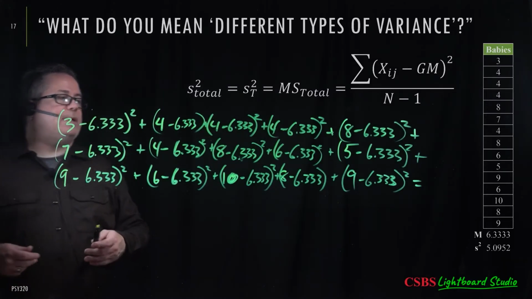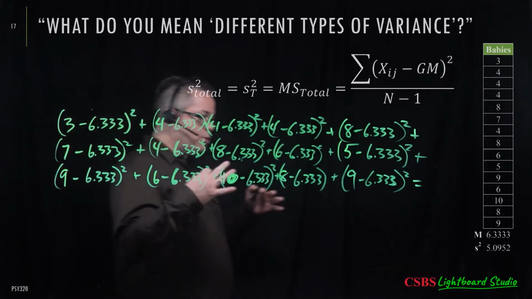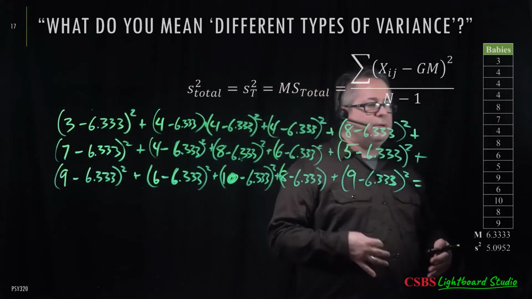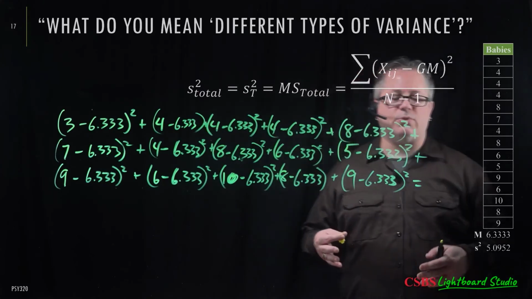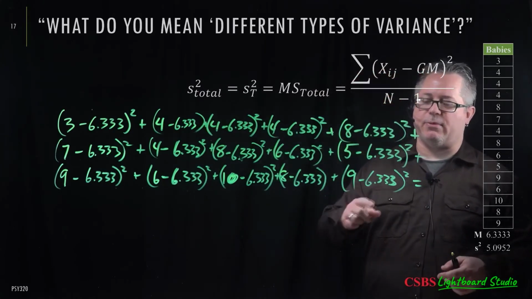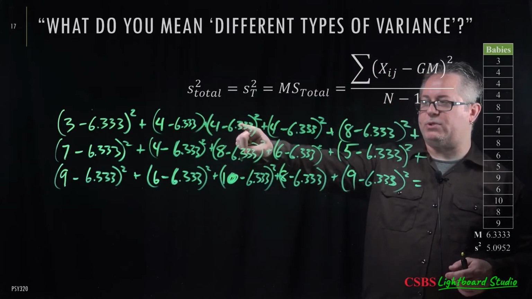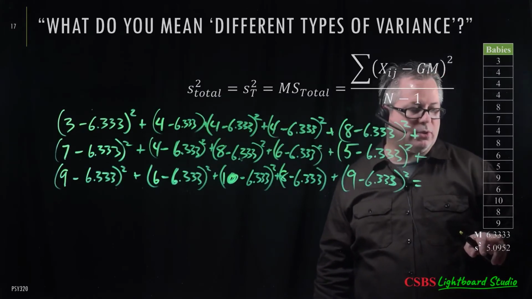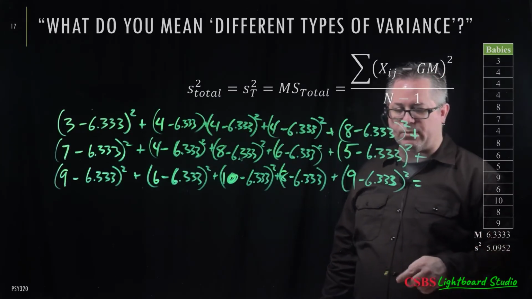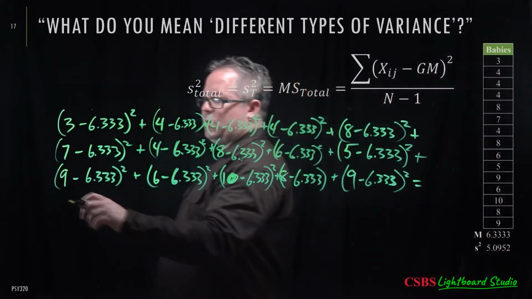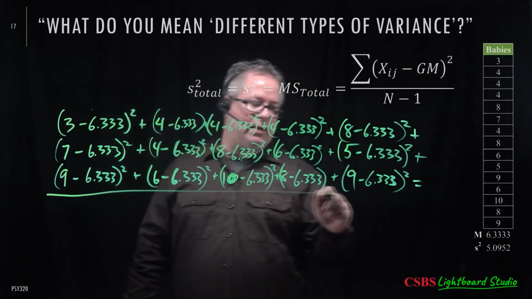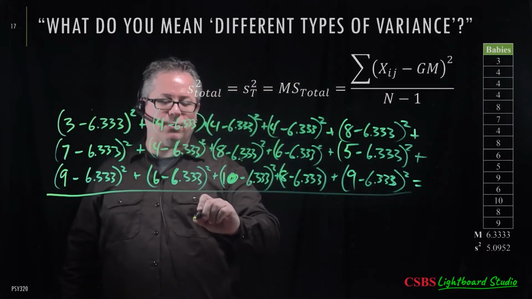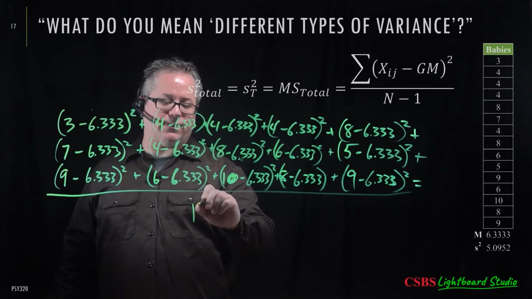For this one, because it is the total variance, our total sum of squares is just the sum of all the scores around the one grand mean, this 6.333. This whole thing we're going to divide by the total number of subjects, in this case 15.